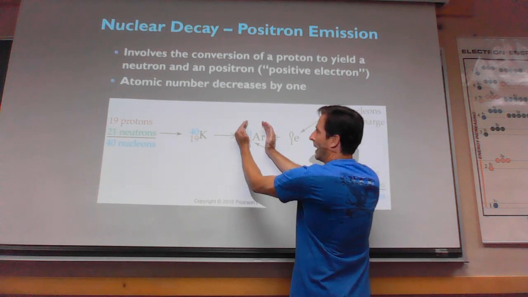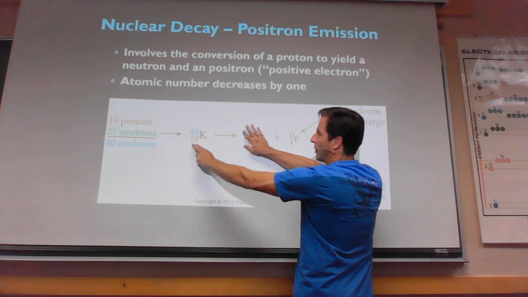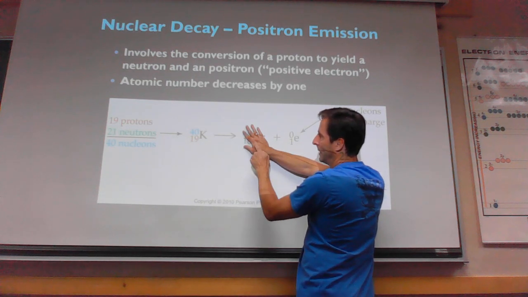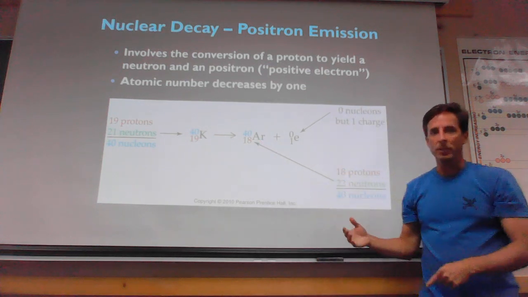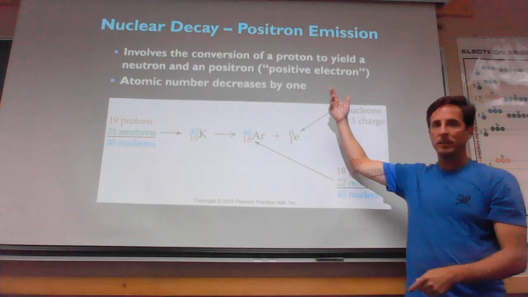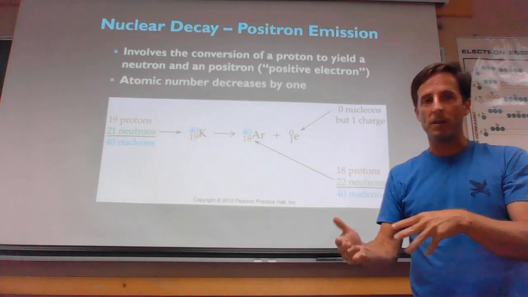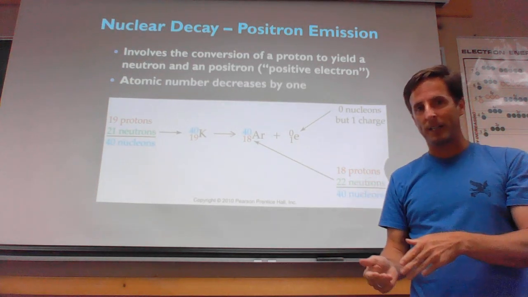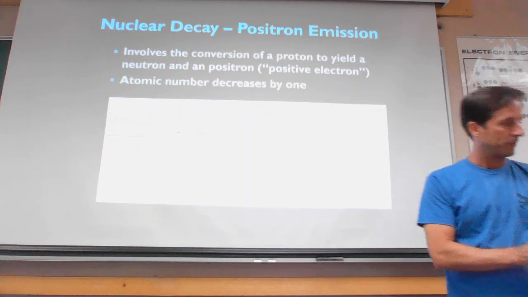And then you figure out, okay, what's the missing particle? Well, my mass has to be 40. My charge has to be 19 minus 1, so 18. And then 18 is argon. Okay? So you should be able to write from words, if I told you potassium-40 undergoes positron decay, write the reaction, you should be able to do that.